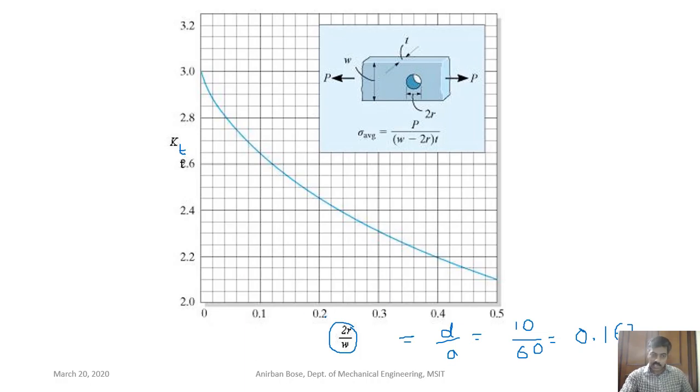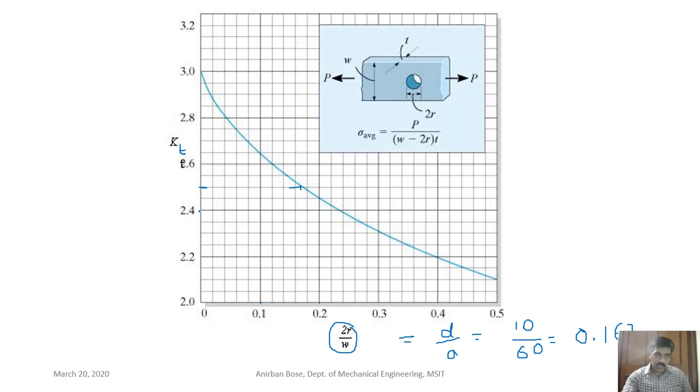So if you plot 0.167, where will it be? Here it is 0.1, here it is 0.2. Each division is 1, 2, 3, 4, 5. So this is 0.12, 0.14, 0.16, 0.18. This is 0.17, close to this one. So it will be around here. Okay, so what is this?